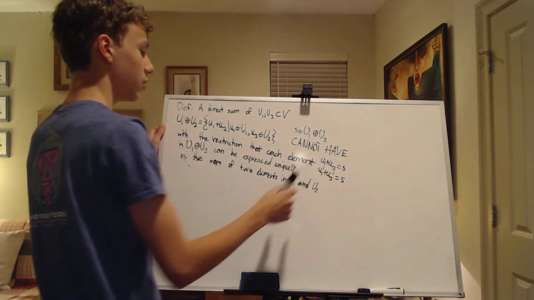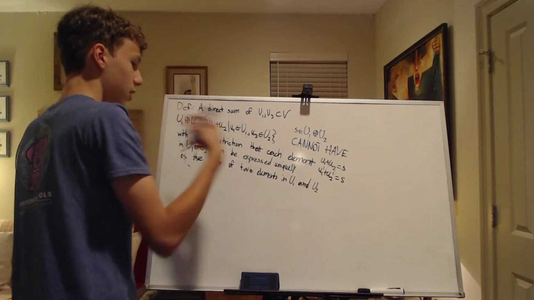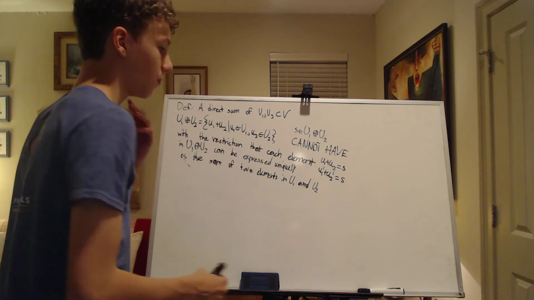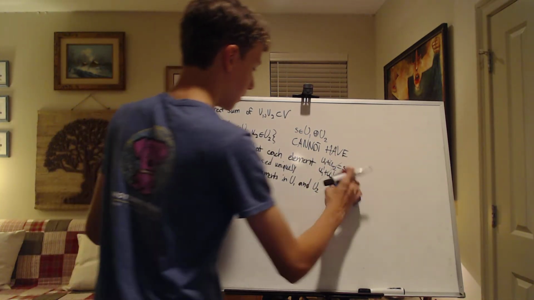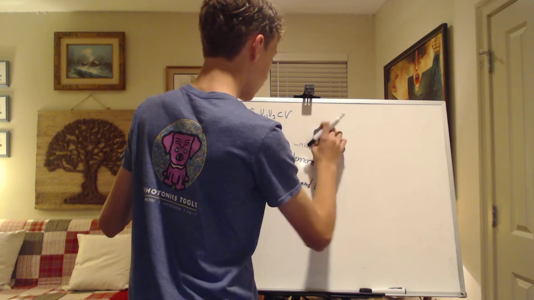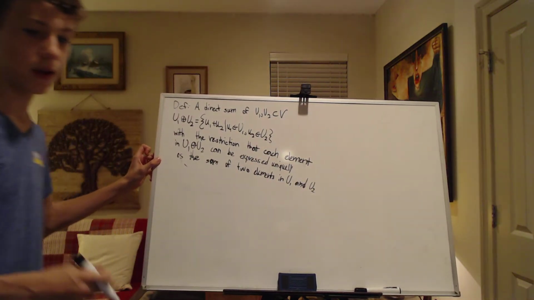So these are two different ways of writing s as the sum of two elements in U1 and U2. That's not possible. However, a normal sum of two subspaces can have that.